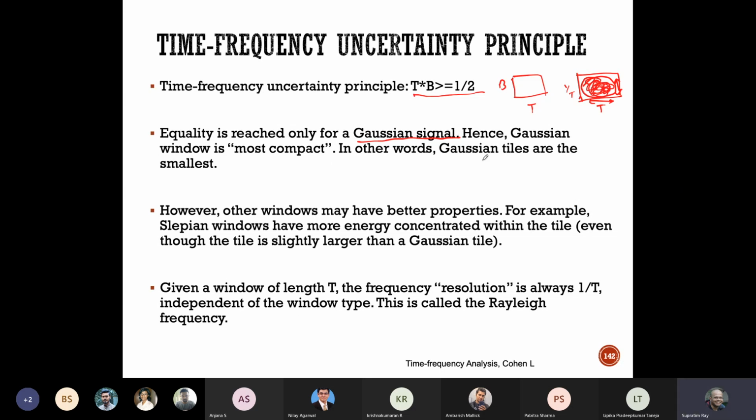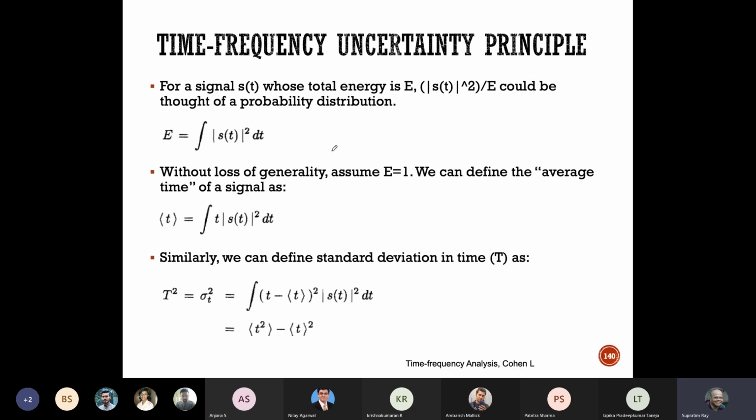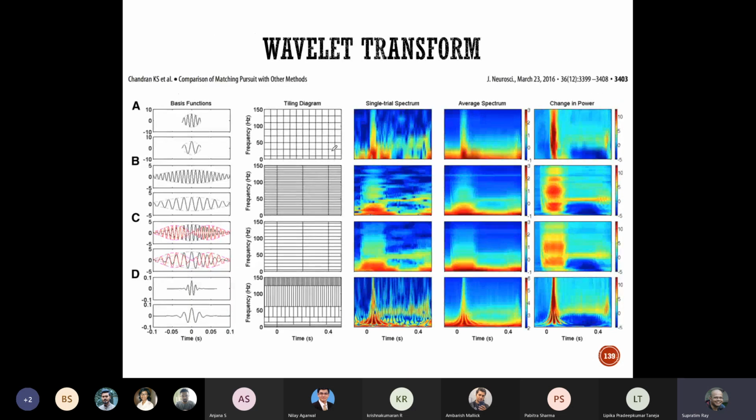So in other words, this Gaussian window is the most compact window that you can get. The Gaussian tiles in your time frequency space are the smallest. In terms of the spread of their energy about their mean time and mean frequency, the spread of the energy is least for a Gaussian.